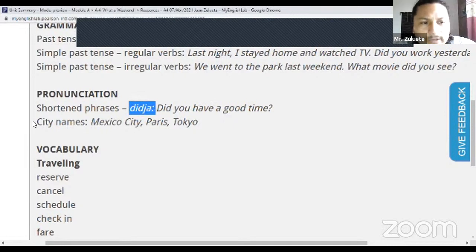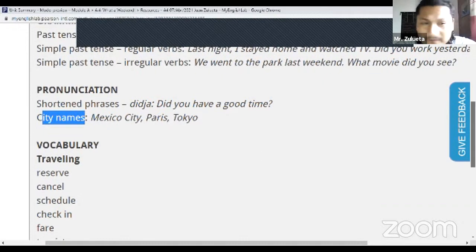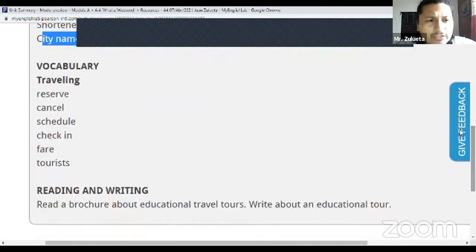Okay, and well, we have some city names. Then vocabulary. We are concentrating on traveling vocab. For example, when you reserve, you reserve when you are going to travel, maybe a week before.